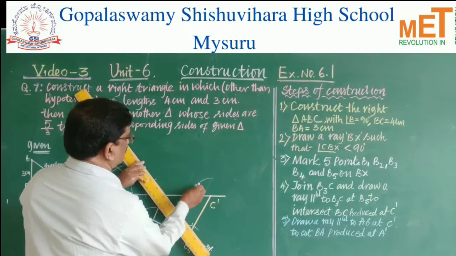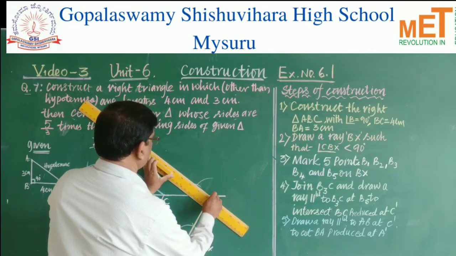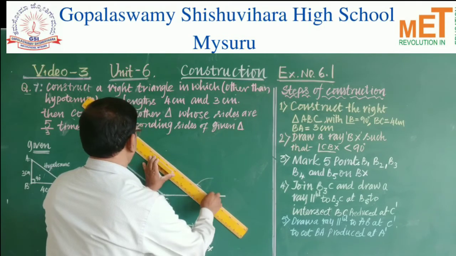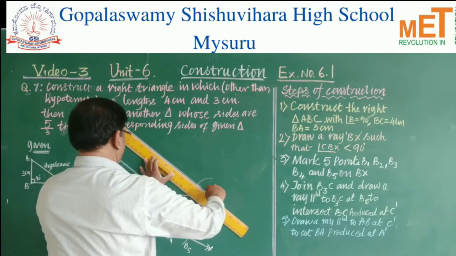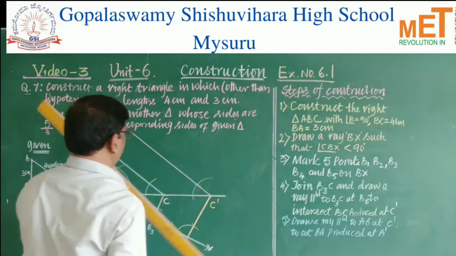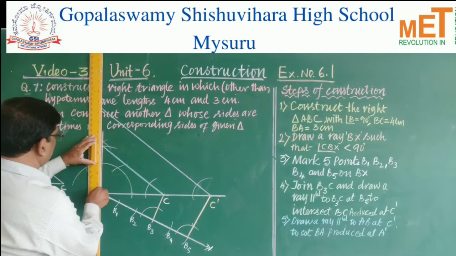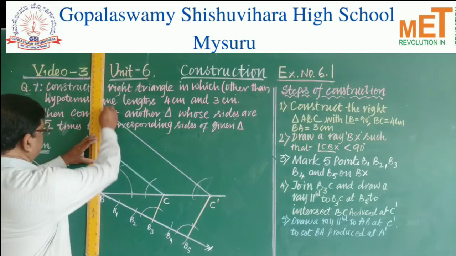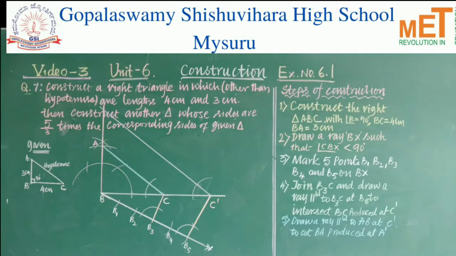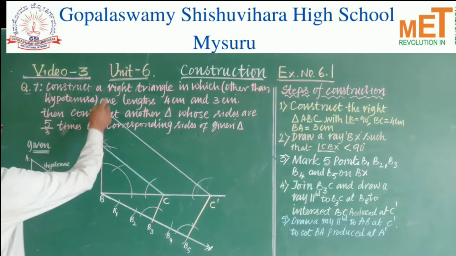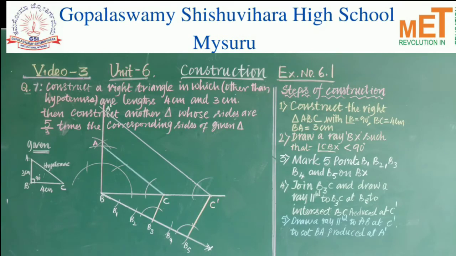This point of intersection of the arc and C dash you join and produce until it cuts BA produced. You see here. So this is the point, what it is? A dash. A dash. Understood, children?